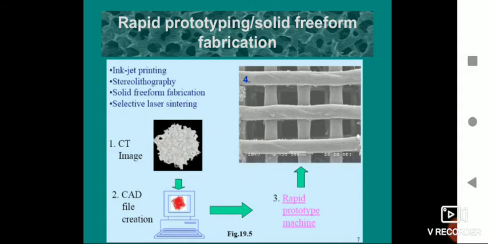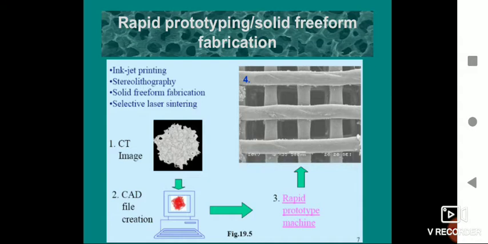This image or a CT scan picture is then fed as a CAD file into the system, which will give the instructions to the instrument, like the stereolithography, which will print the structure in the desired format.